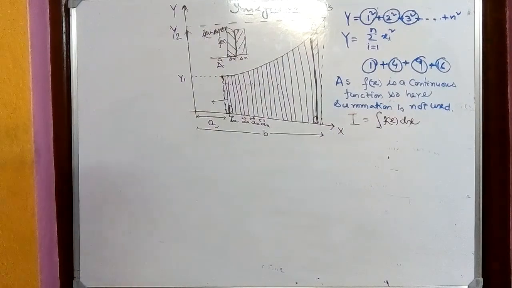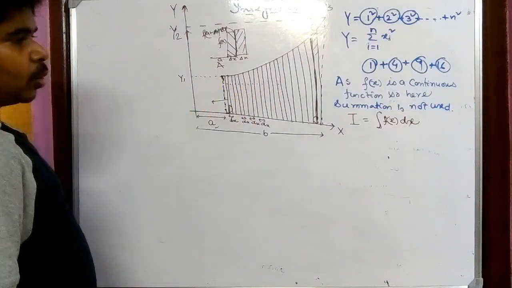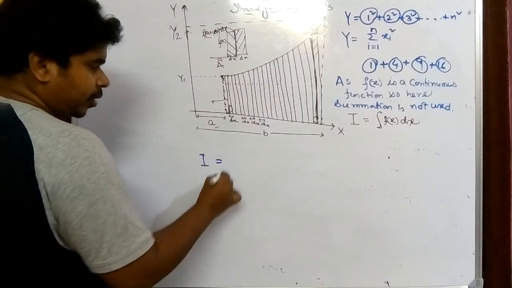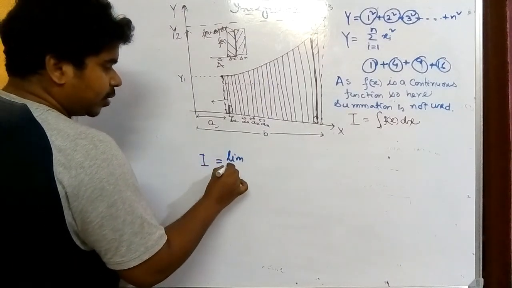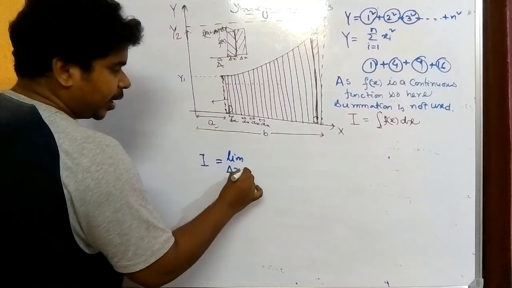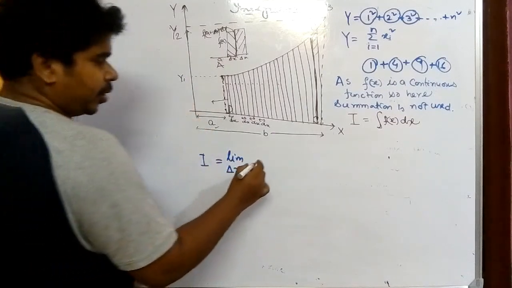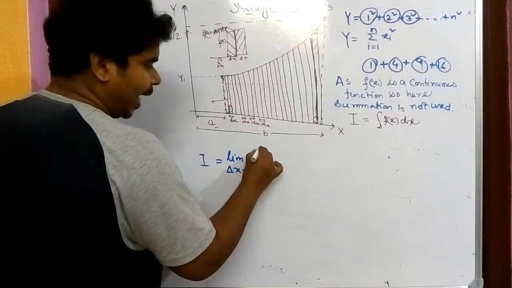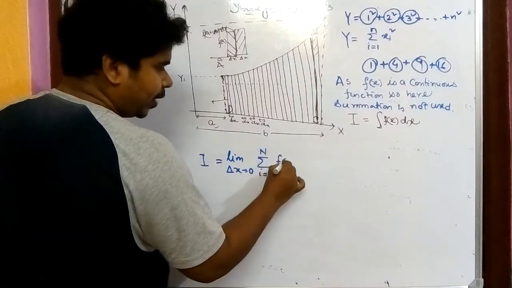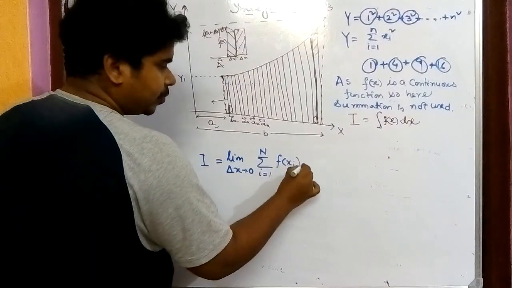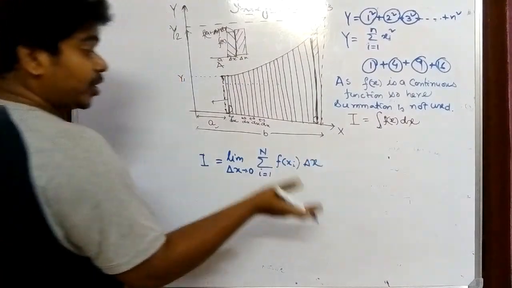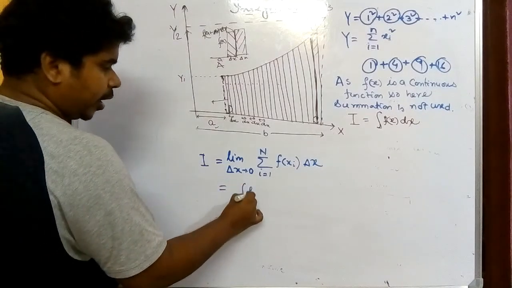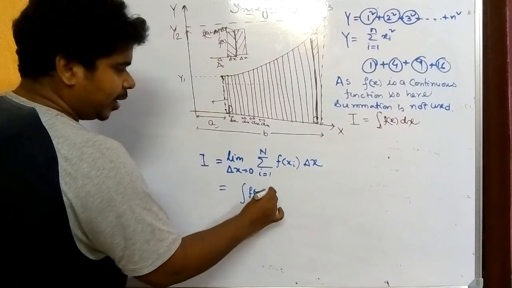So at the end, by this diagram, what we can conclude is that the total area I, where the smaller stripe delta x tends to 0, should be represented by summation over i equals 1 to n of f of xi into delta x, which can be represented by the integration of f of x dx.